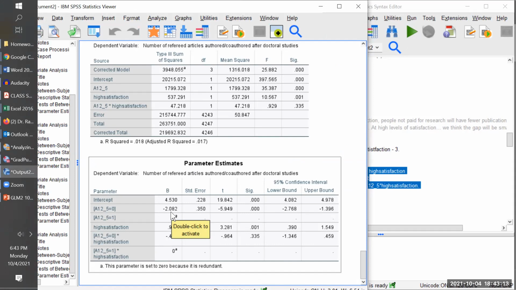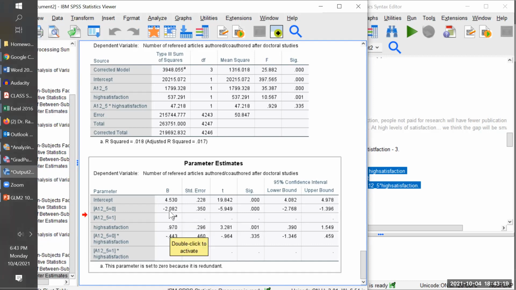When satisfaction is high, the difference between being paid and not being paid to do research is 2 publications. That's this end of our graph. So look here, this number is different.